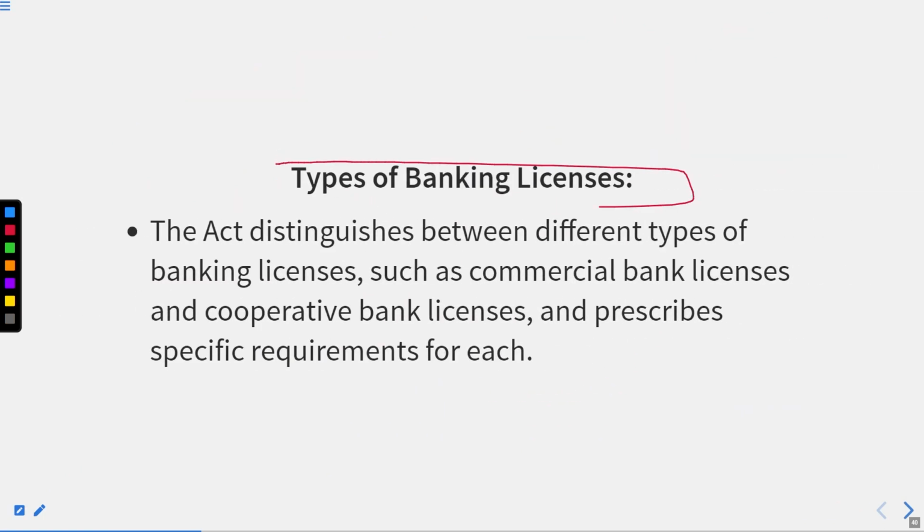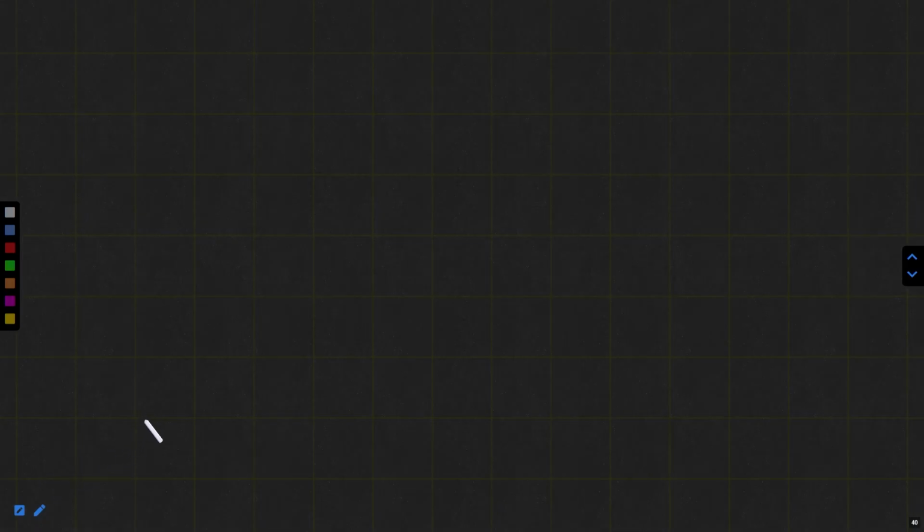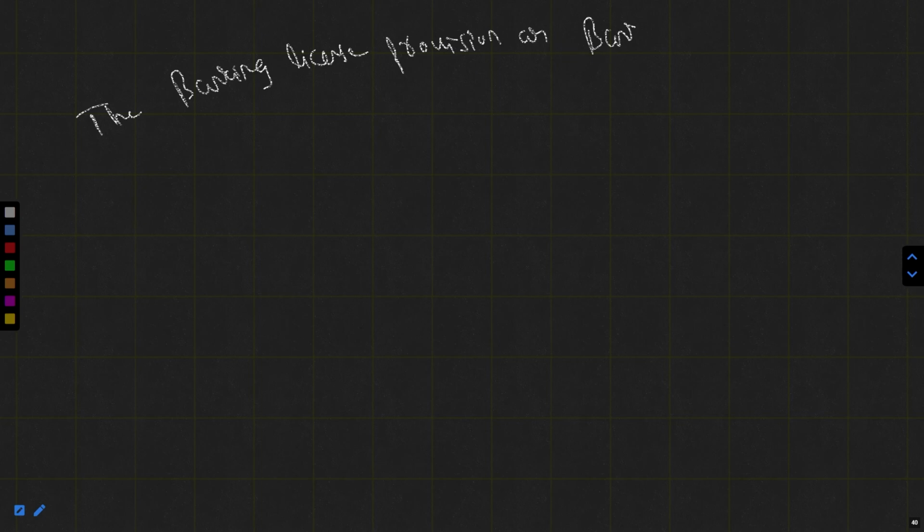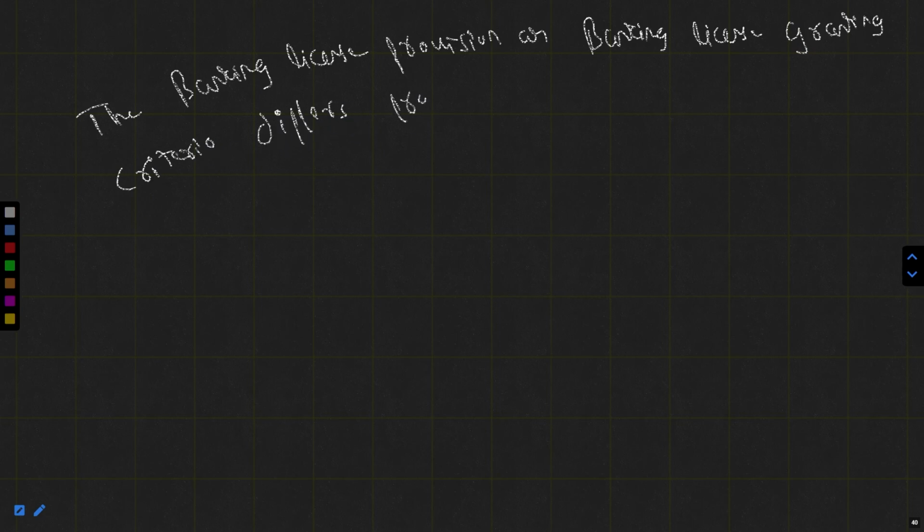So now we are going to talk about the types of banking licenses. Remember in the previous lecture, we had found a point: the banking license granting criteria differs from bank to bank.